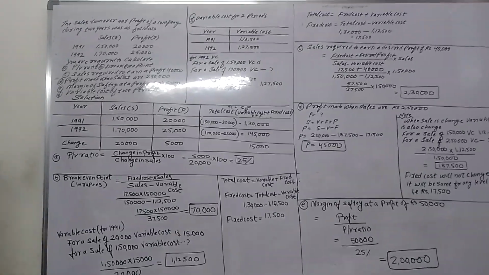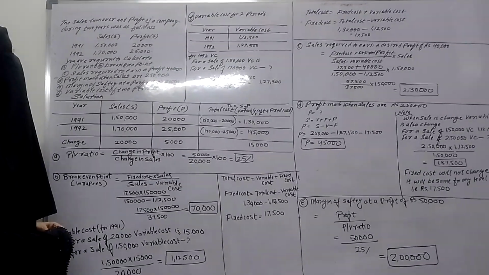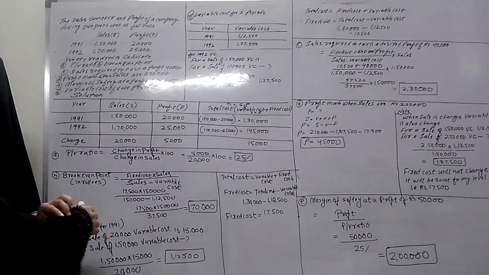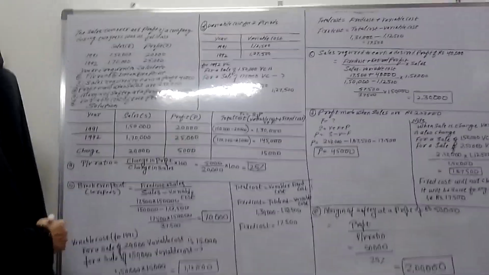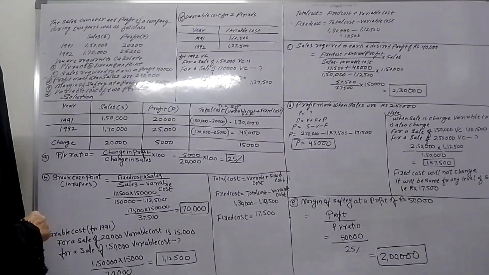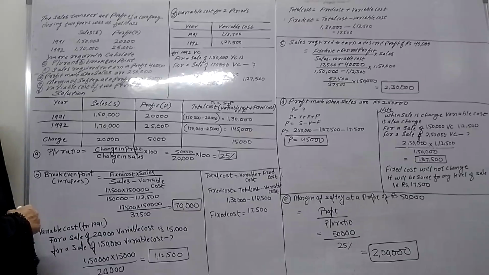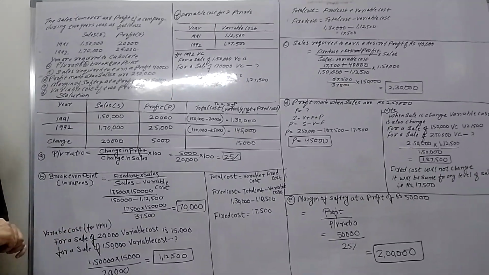The question is: the sales, turnover and profit of a company during 2 years was as follows. Information is given: sales and profit for year 1991 and 1992. Sales are 1,50,000 and 1,70,000.